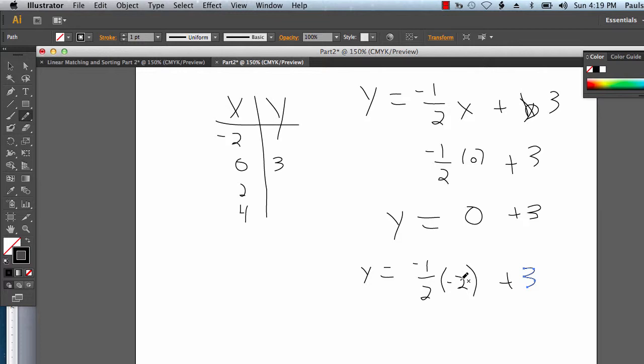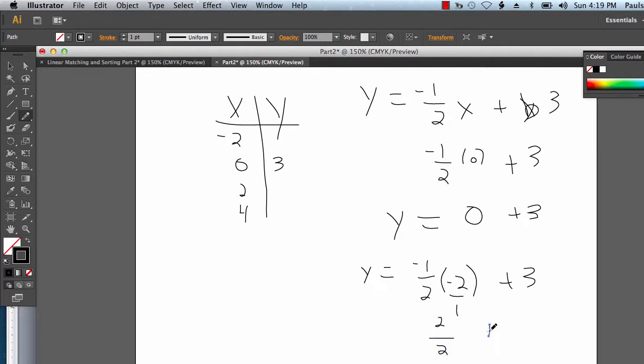Okay? So negative 2, remember, becomes negative 2 over 1. When you're multiplying by fractions, you multiply the numerators, which is negative 1 times negative 2 is positive 2. 2 times 1 is 2. You have 2 over 2.